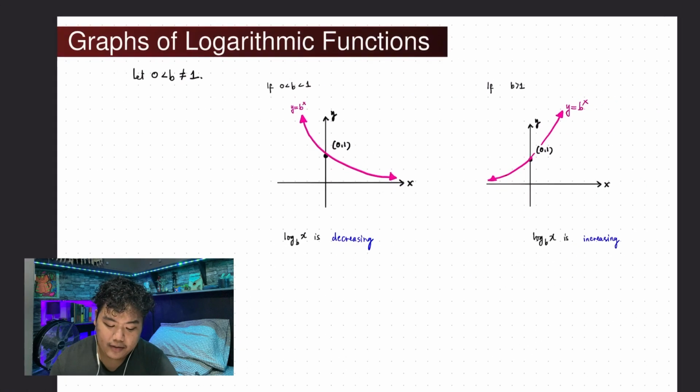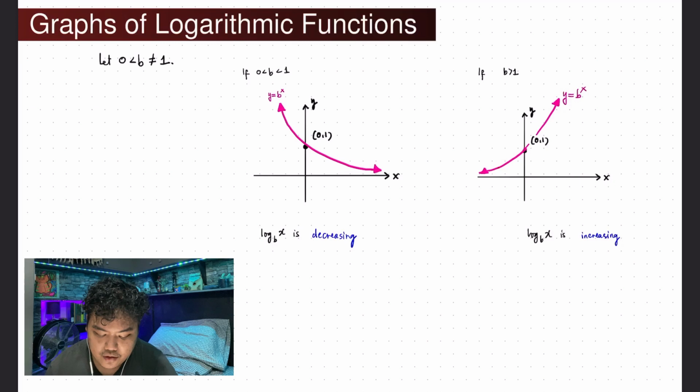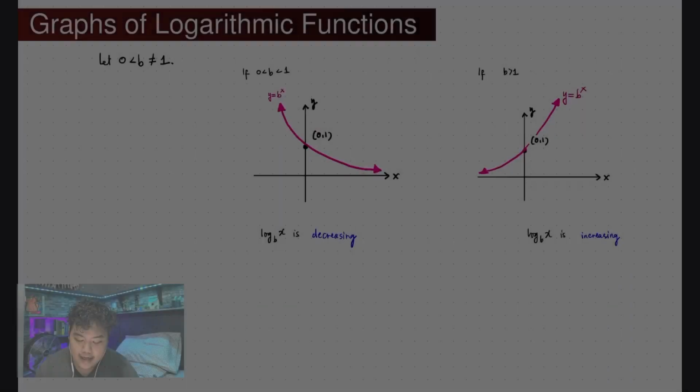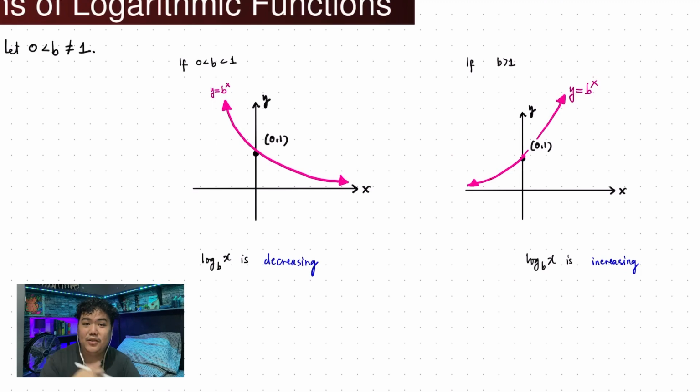And let's talk about the graphs of logarithmic functions. So, we let again our base greater than 0 not equal to 1. At ito yung mga graphs na dinrawing ko dun sa previous video, diba? If b is greater than 0 but less than 1, ang graph ni y equal to b to the x is ganito, decreasing siya.